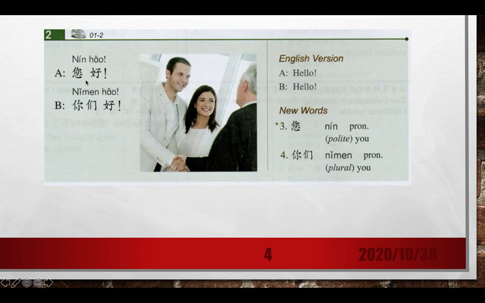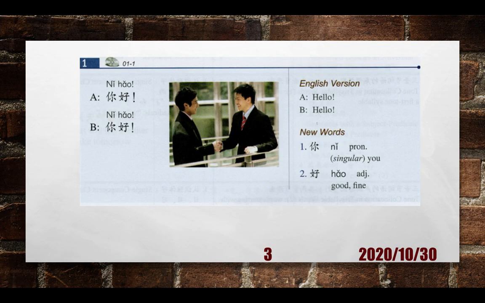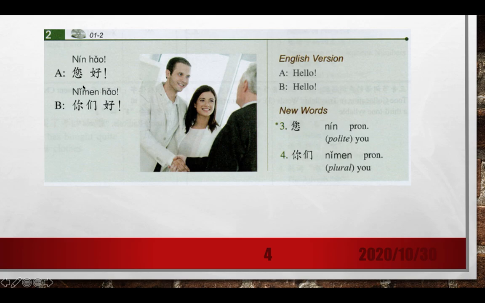So we could say 您好 and 你们好. These two conversations show A is one person and B is another. So 你好, 您好, and 你们好. Good. Now we have 3 ways to say hello.